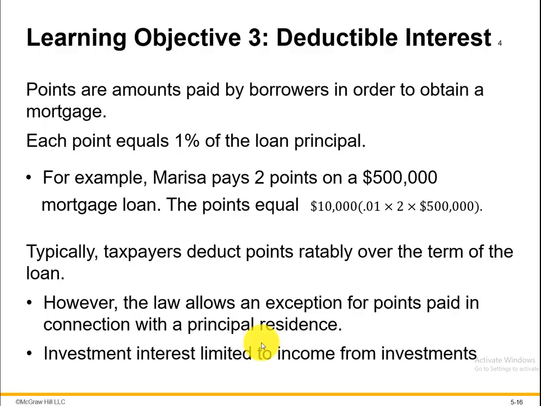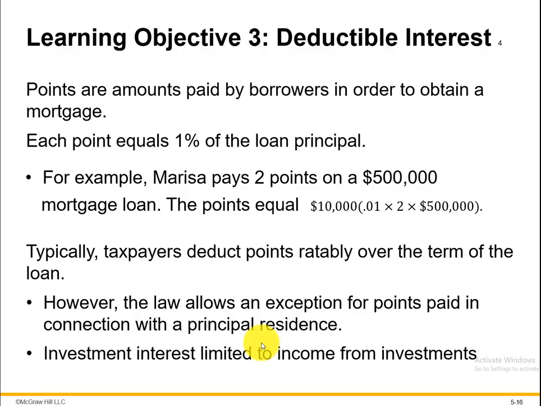Now, technically, you can use income from one investment to qualify another investment, but let's just go with the idea that you've got to have some income. And that income can't be that just the stock went up in value, because that's not income until you sell it.